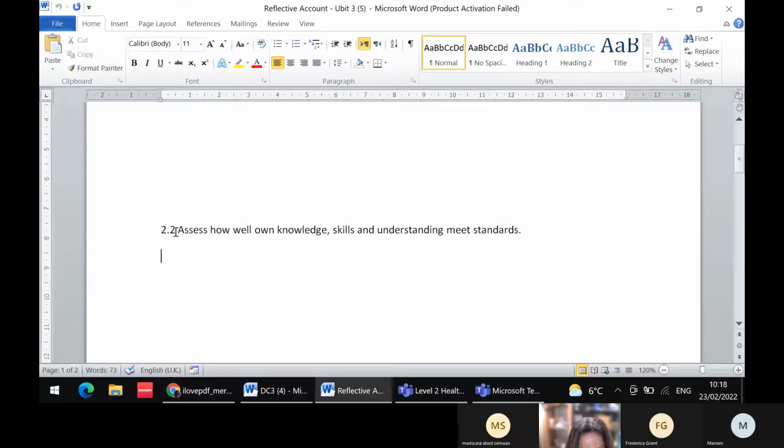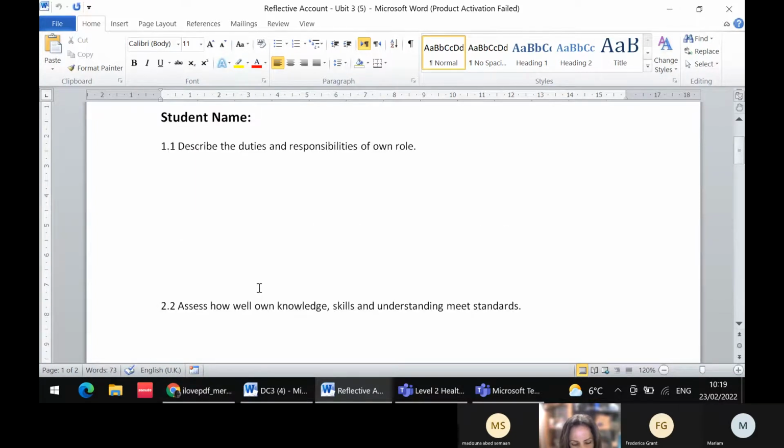It says assess how well own knowledge, so how well your knowledge helps people to meet the standards. So here I'm going to answer it as if I'm talking about myself. When you answer it, you talk about yourself, yes? So you say, I do this, I do that. Now for this question, you need to assess your own knowledge, how good your knowledge was.